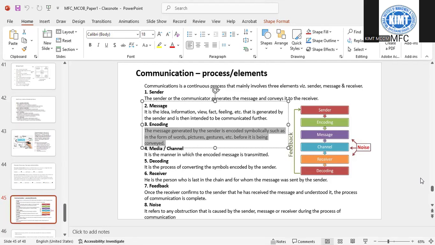Then you have a feedback mechanism, and in between you may have noise. This is actually the process behind communication. So if communication is happening, you have all this process, all these entities in place.